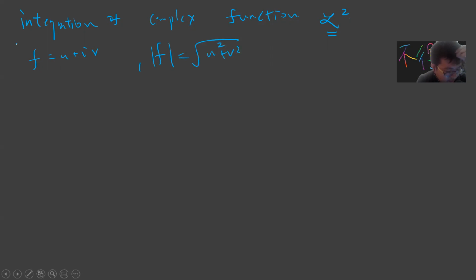Okay, so let me just write this down. Let's say mu is some measure on X. I use a standard notation: X with sigma, where sigma is a sigma ring on X, mu is a measure, and f is a complex function.